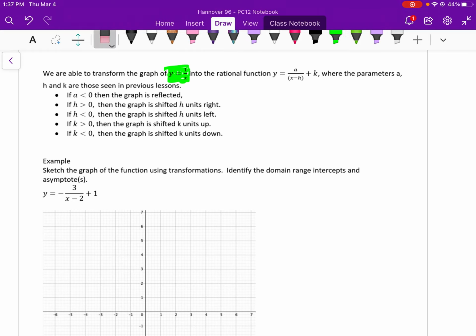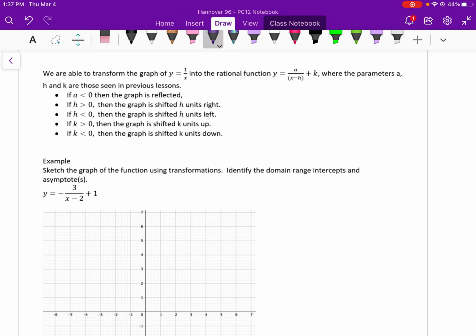So let's look at this from a transformation perspective. You're able to transform the graph y is equal to 1 over x into any rational function y is equal to a over x minus h plus k, where the parameters a, h, and k are those from the previous lessons, all from unit number 1, right?